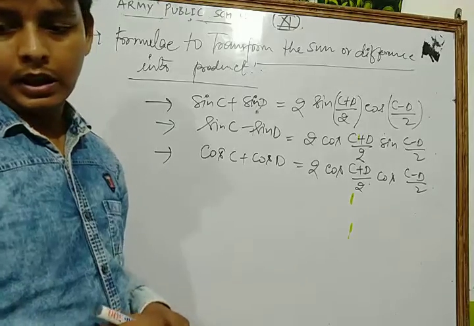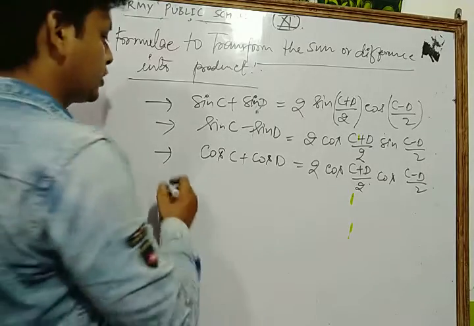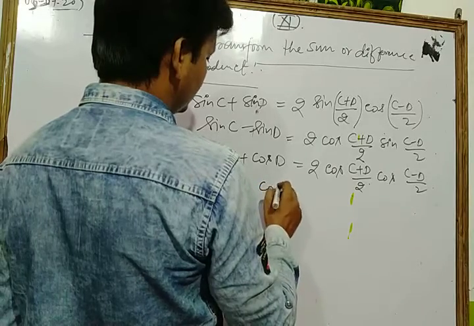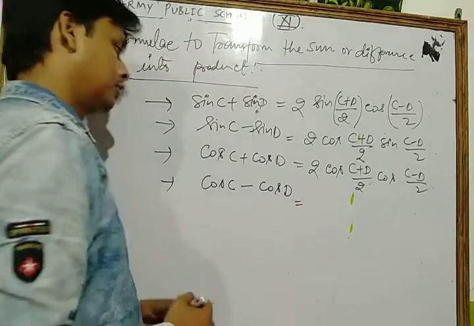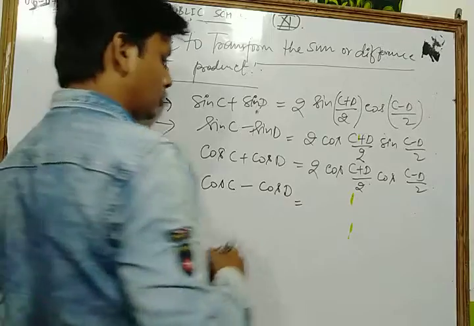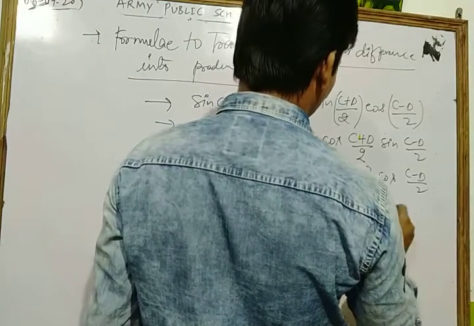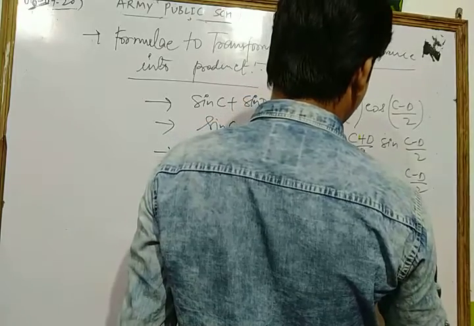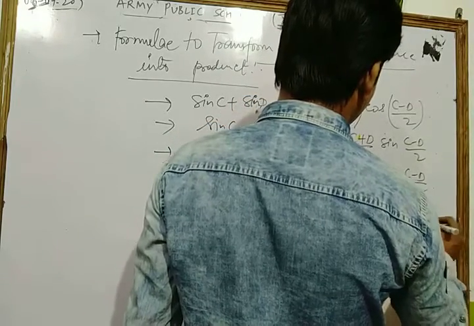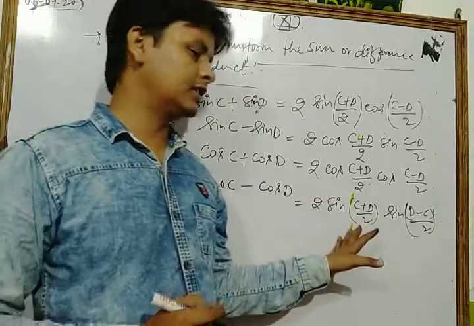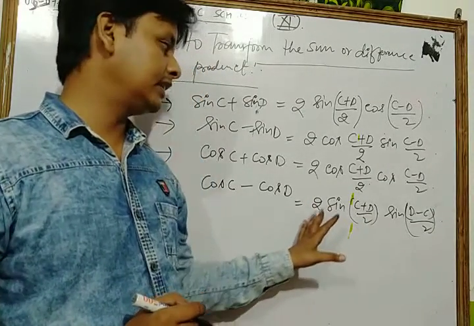Okay, and next one, cos C minus cos D. The formula of cos C minus cos D is what? 2 sin (C plus D) by 2 into sin (D minus C) by 2. One thing is different in this formula.